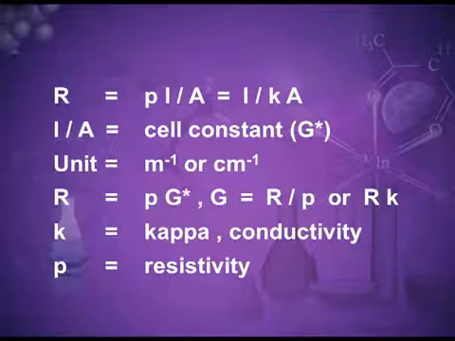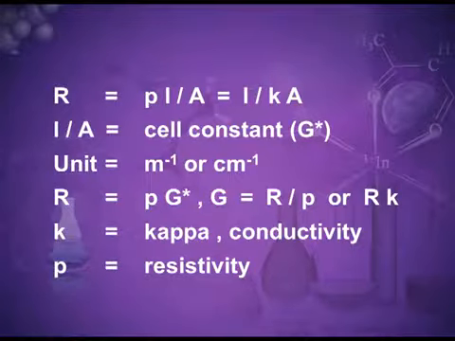So we can modify the formula: R equals rho L by A can be written as R equals L by kappa A. This K is kappa. L by A is the cell constant G star, or you can say G asterisk.